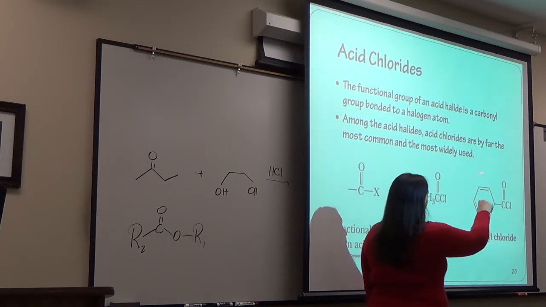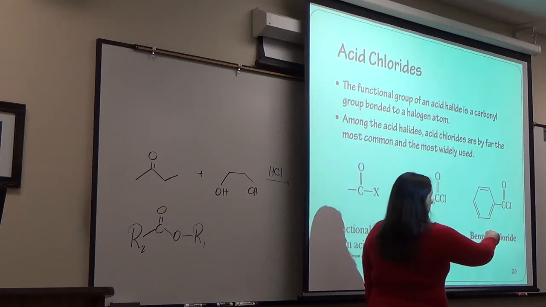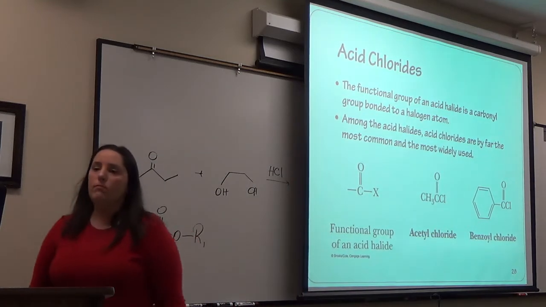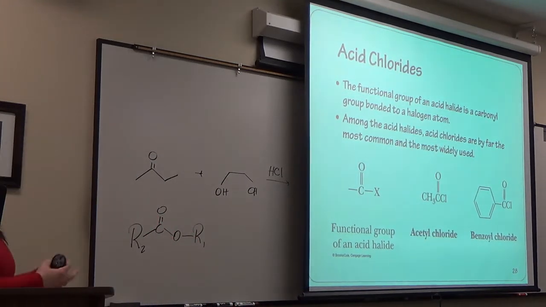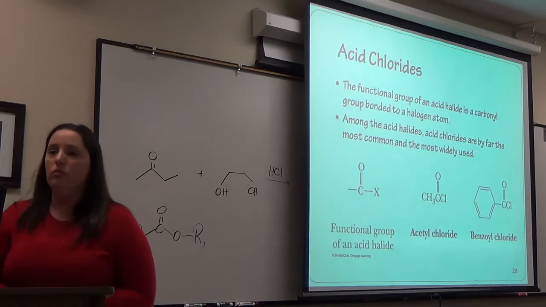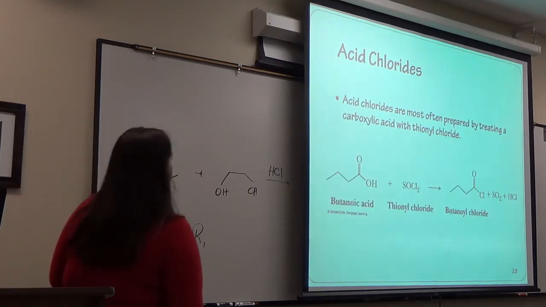So a carbon plus the benzene is called a benzoyl, so that's where you get that name here. And of course chloride is for the chlorine. We'll do more naming on these next chapter because we'll deal with acid chlorides then, but I'm just giving you an idea here of where those names come from.